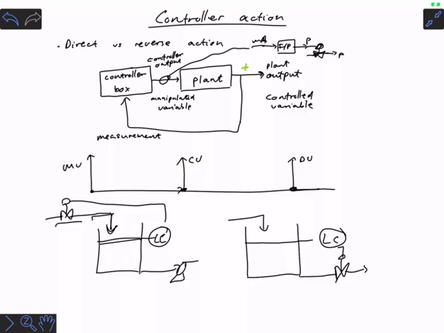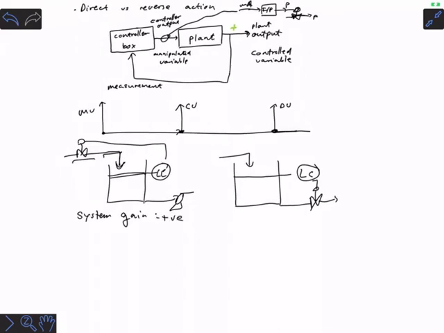So here, the system gain is positive. This is the plant, valve opening going to level, and that gain is positive. When I open the valve coming into the tank, level goes up.